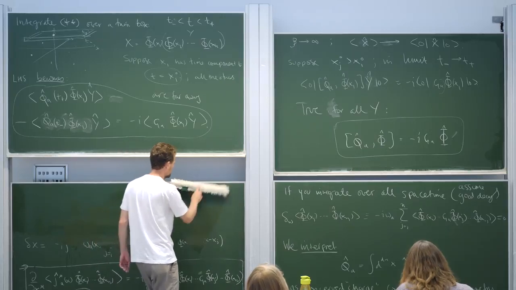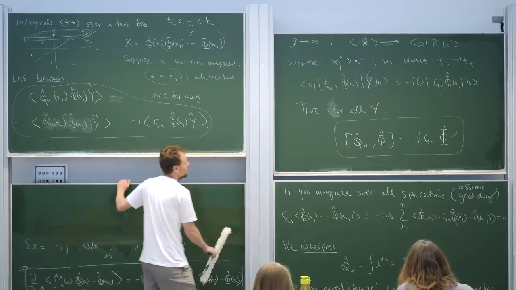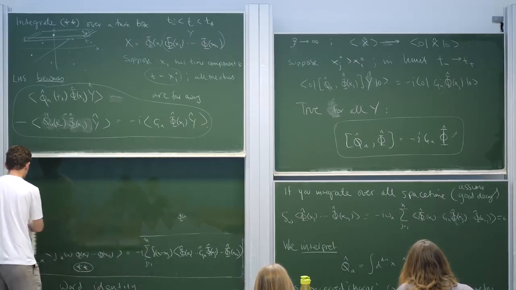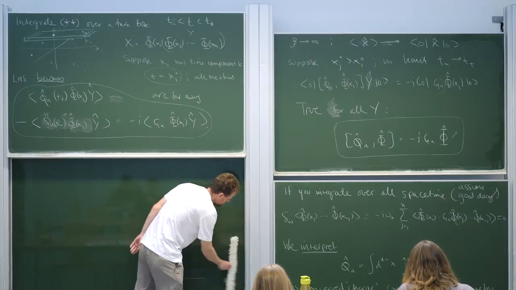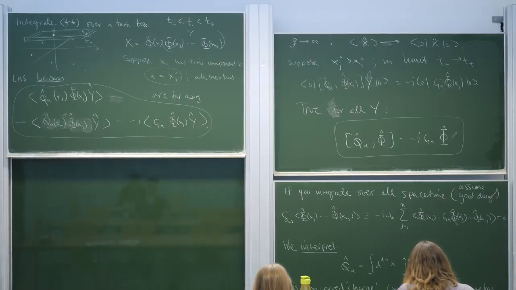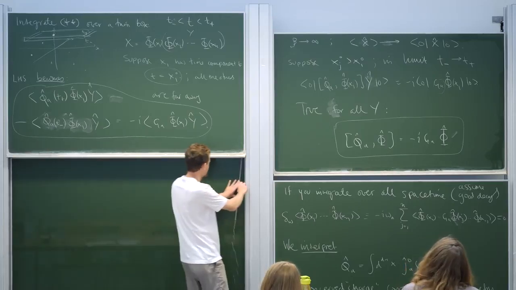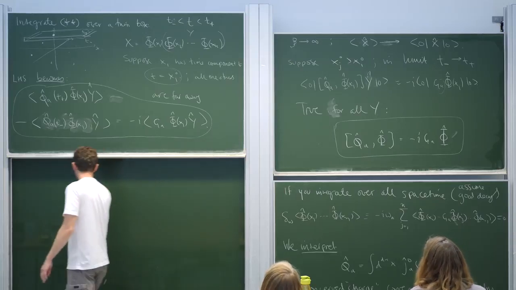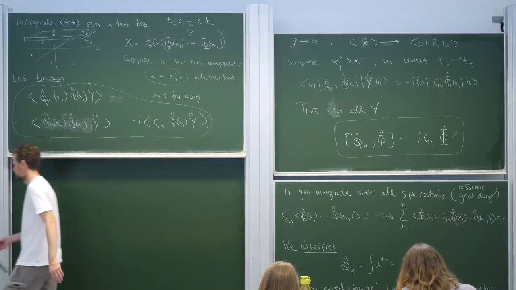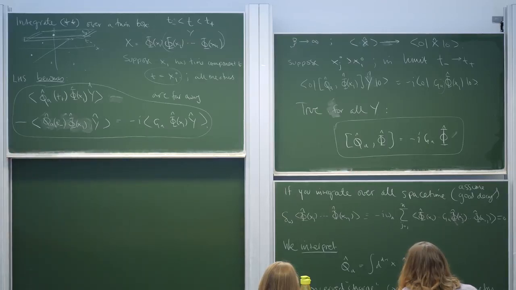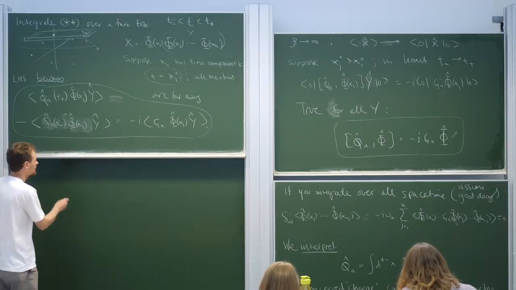G is just the derivative operator. Translation symmetry is a pretty simple symmetry.